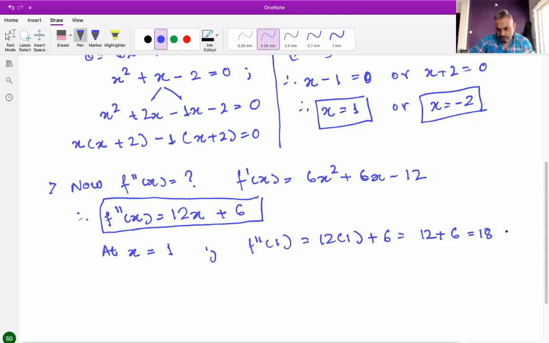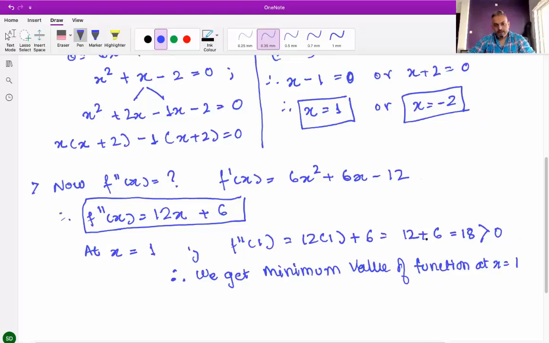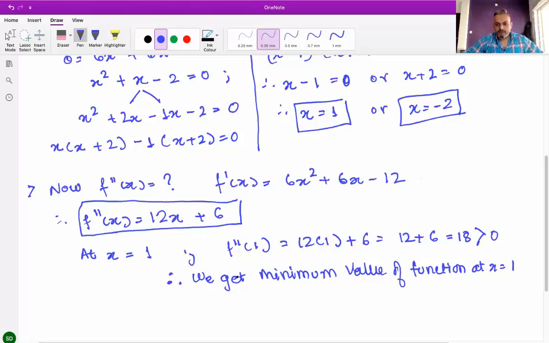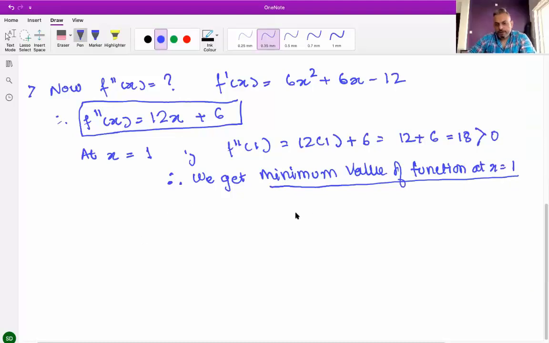Now 18 is greater than 0, therefore we get the minimum value of the function at x = 1. Important. Over here, we got the minimum value of the function at x = 1.